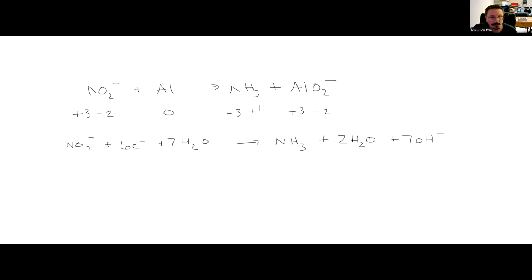We're going from aluminum 0 to aluminum 3, so we've got to lose 3 electrons. And I've got 2 oxygens on the right that aren't accounted for, so I'm going to add 2 waters to that end. Then I've got 4 hydrogens that aren't accounted for, so I'm going to add those in.